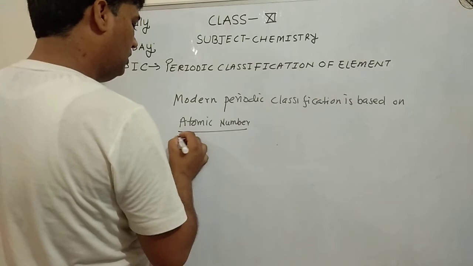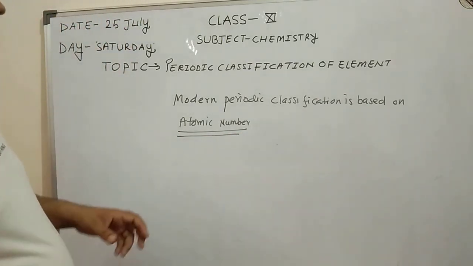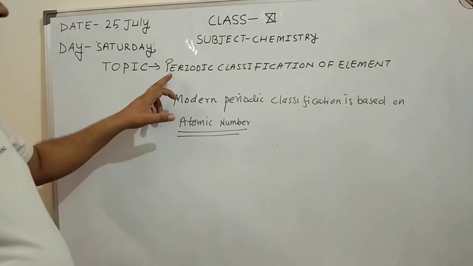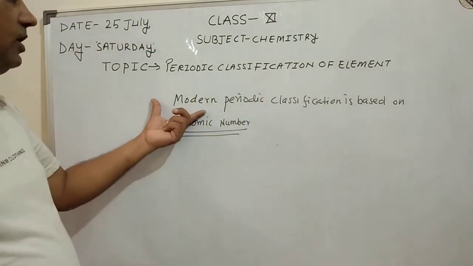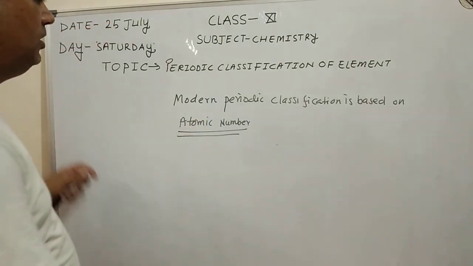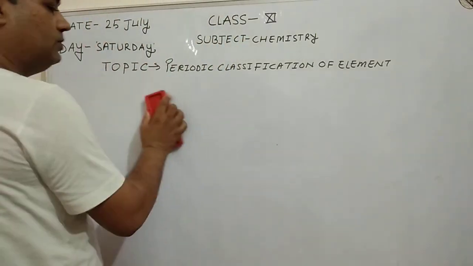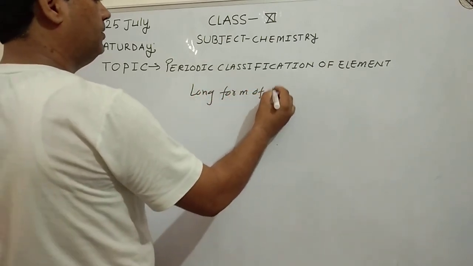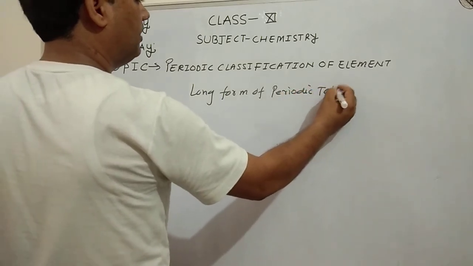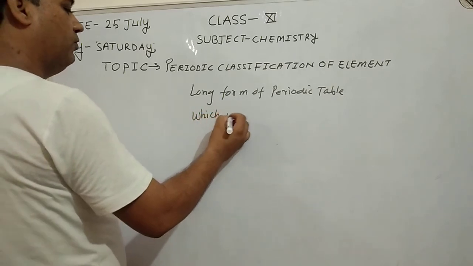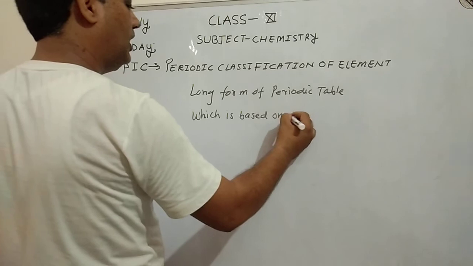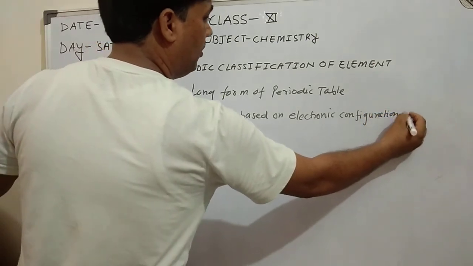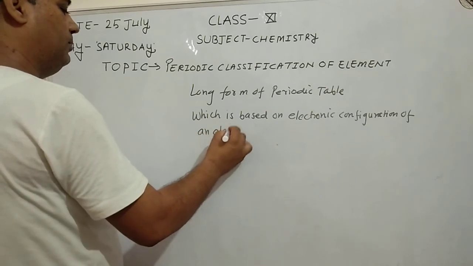So it is very, very important to learn some common elements and memorize the atomic numbers of some common elements for better understanding of periodic classification of elements. The modern periodic table is also finally converted into the long form of the periodic table, which is based on the electronic configuration of an element.